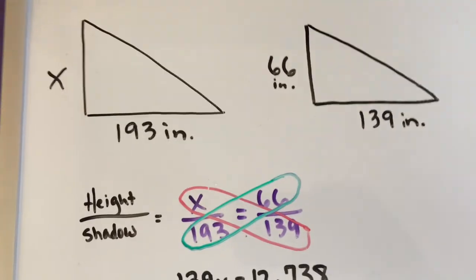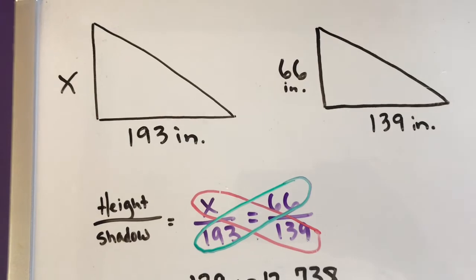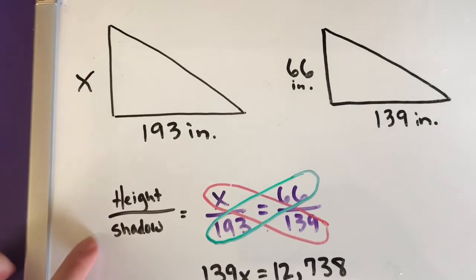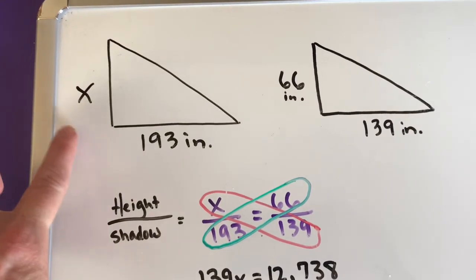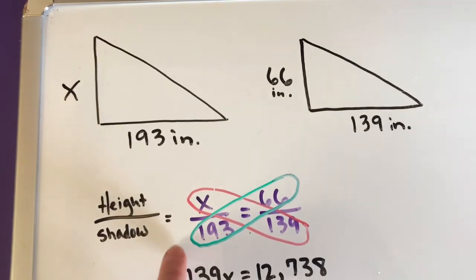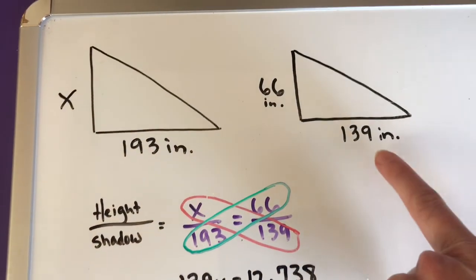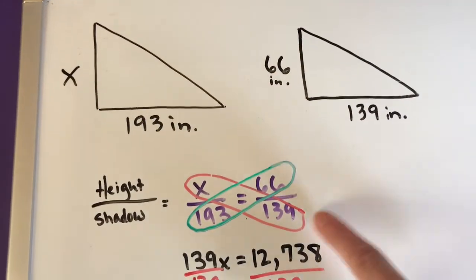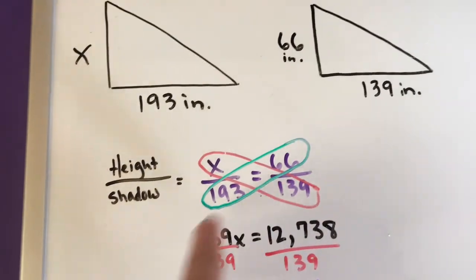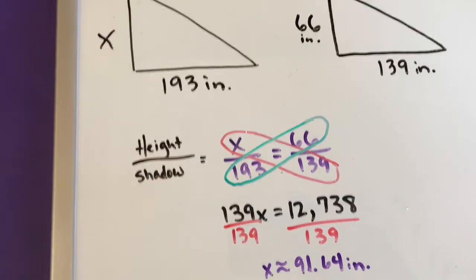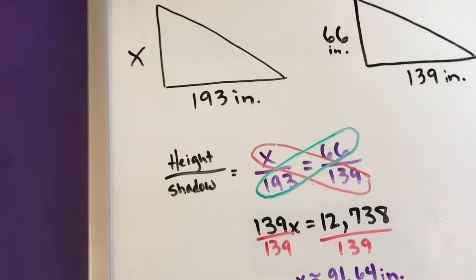Okay, so first I'm going to set up my proportion, and I'm going to go height over shadow. So for the tree, we've got x over 193. For me, I've got 66 over 139. Then I'm going to do my cross multiplying. So I'm going to multiply diagonally.